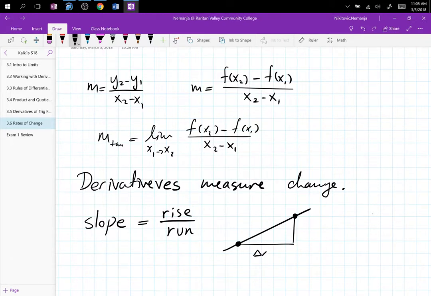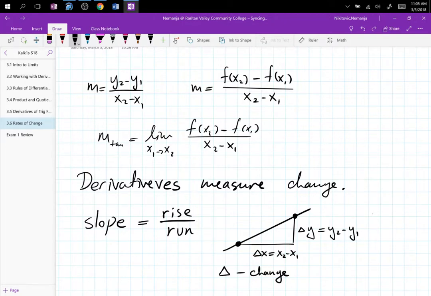This is known as delta x, which is x2 minus x1. The delta is read as change. So you would call delta x the change in x, and over here you have delta y, which is y2 minus y1, when you rise from y1 to y2.